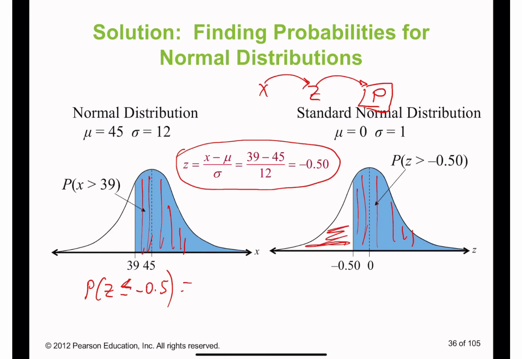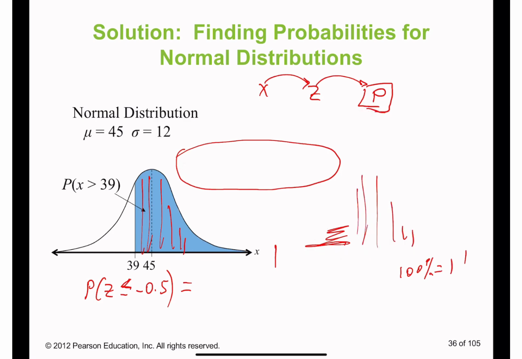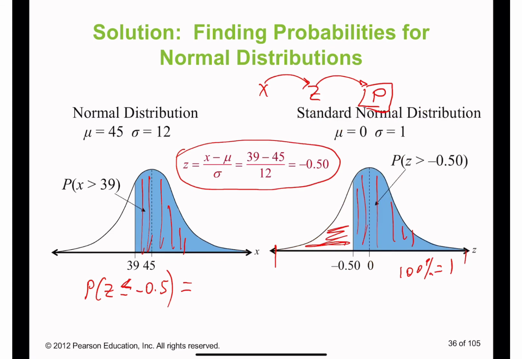So whatever probability we get, then we take 100%, because all this area is 100%, or 1, and subtract whatever we get here. Let's see. So what's the area probability less than negative 0.5? It's 0.3085. Check in your table and find the probability.